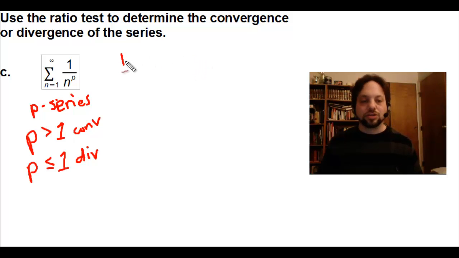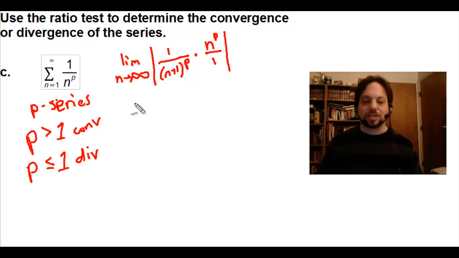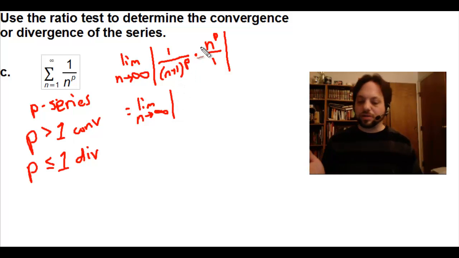Now, of course, to use the ratio test, I'm going to do the limit as n approaches infinity, just as I've been doing. Here will be our next term. That will be 1 over n plus 1 to the p power, and I'll multiply that by the reciprocal of our current term. So we have something that looks like that. Now, if I go ahead and simplify this, well, this is interesting.